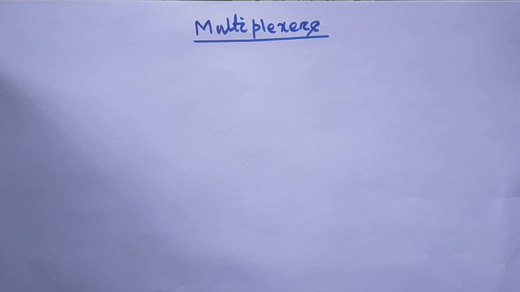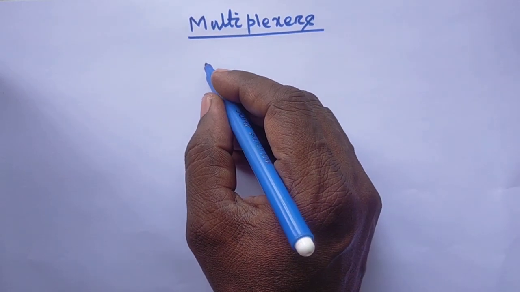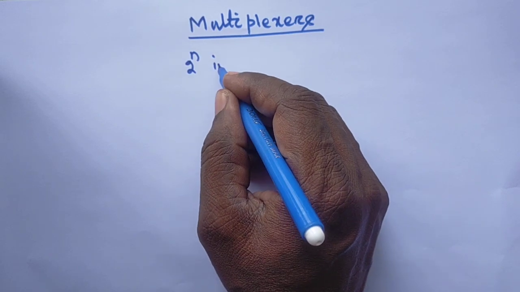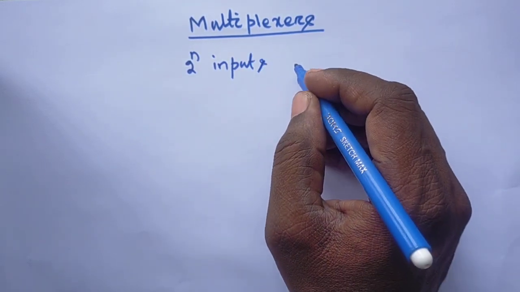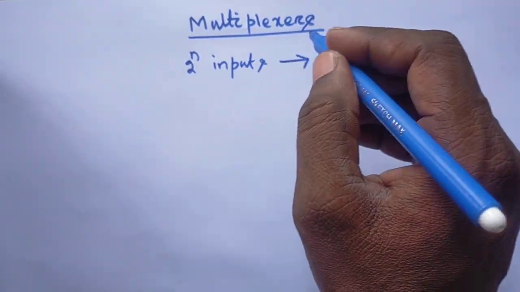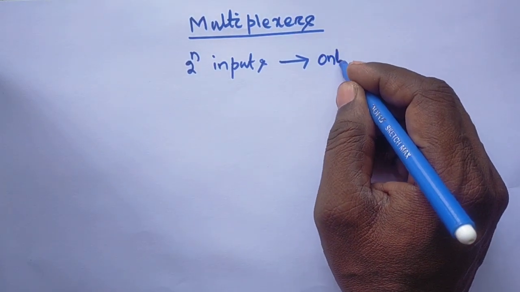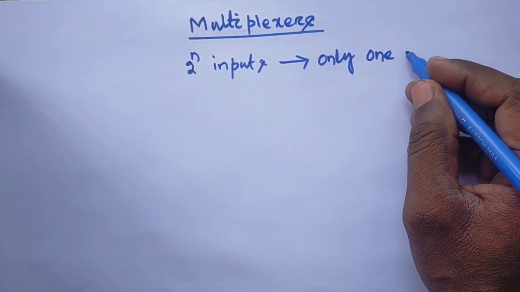Okay, so now we will consider different designs of multiplexers. The basic concept: suppose 2 to the power n inputs are provided to a particular multiplexer, it will give only one output.